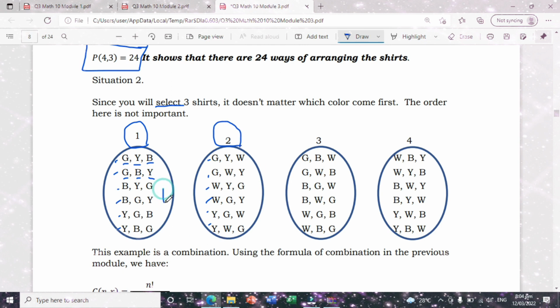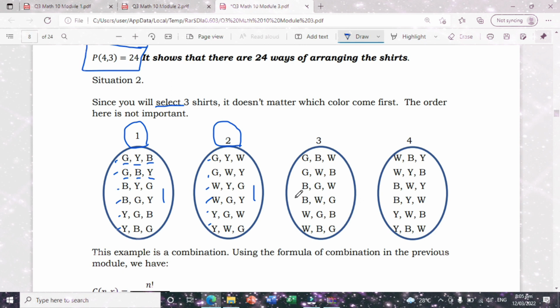So, ito isa rin tong way. Dito naman, how about kung na-select mo is green, blue, at saka white. Green, blue, white is the same as green, white, blue; blue, green, white; blue, white, green; white, blue, green. Pare-pareho naman yung nakuha mo.